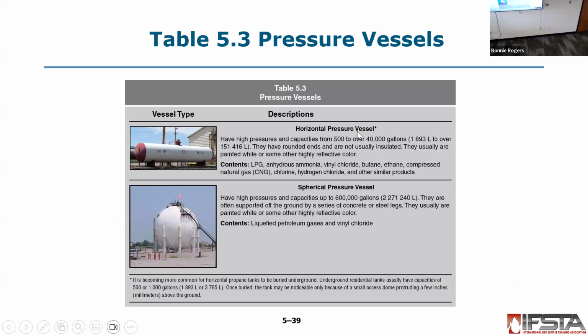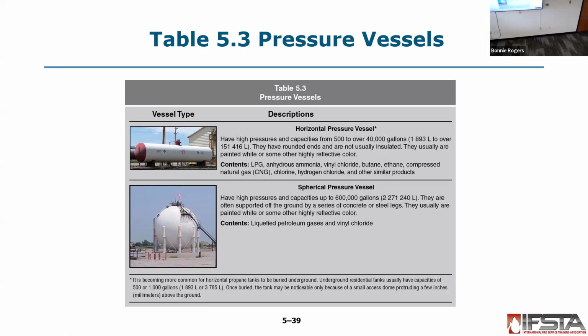So here are a couple types of pressure vessels. You've got your horizontal pressure vessel and then your spherical pressure vessel. Some of these can hold a high volume of material. Just be aware. How does that play in? Think about your response.